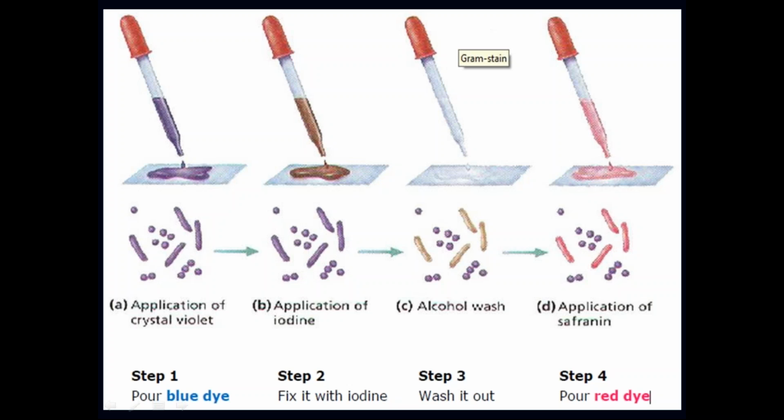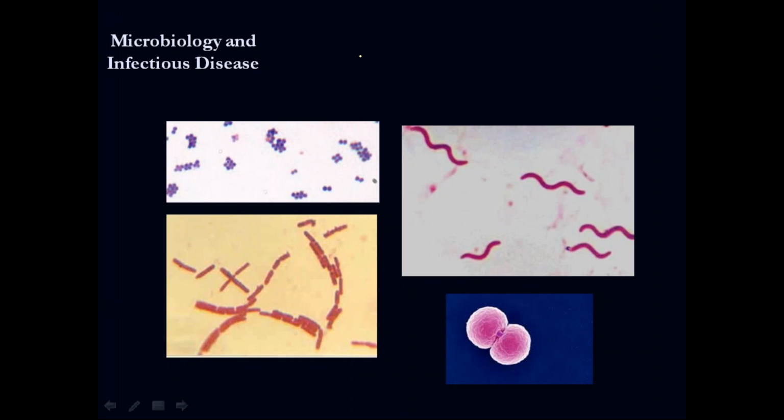Just remember, gram positive and gram negative. Gram positive is blue or purple, whatever you want to see, because people have different perception of colors, it's slightly different, the blue from one person to another.